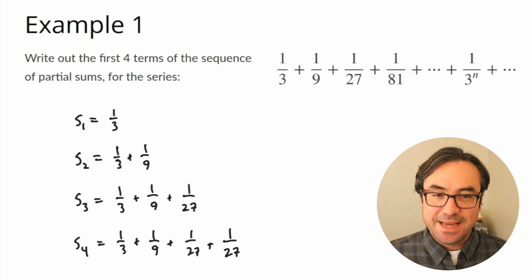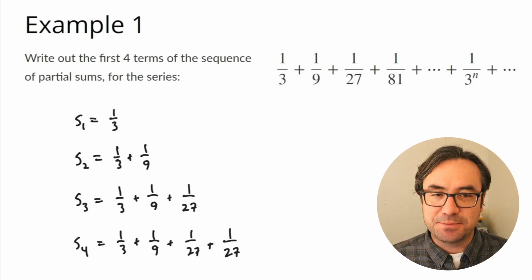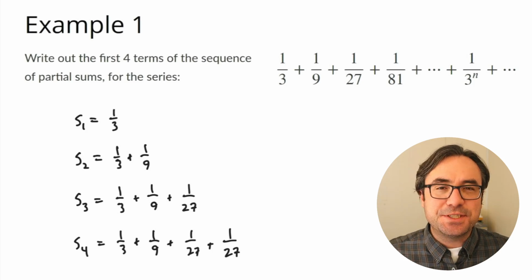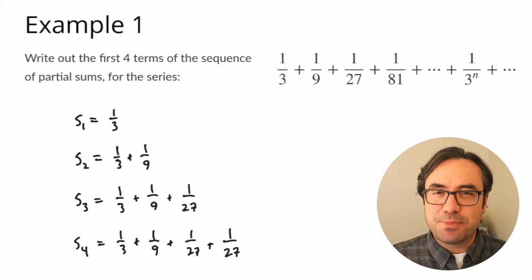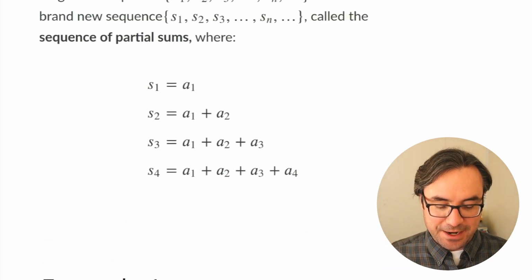So when we're talking about series and the sequence of partial sums, there are kind of two sequences involved, so it's important to keep track of them. Let's just go back up.